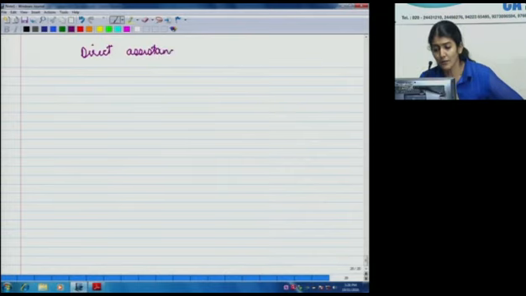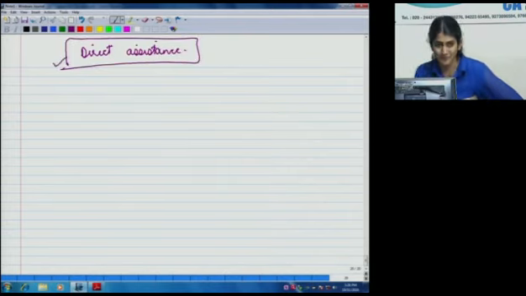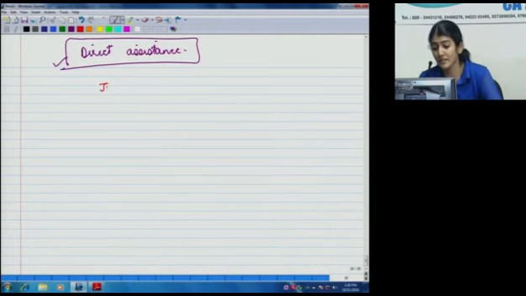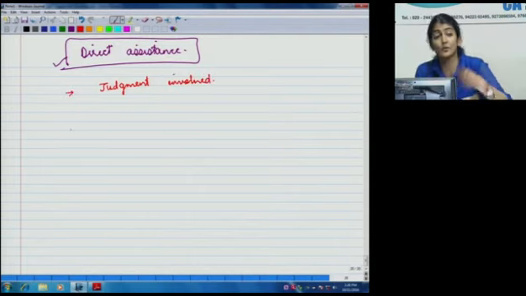So first, what you will have to decide is whether to take direct assistance. That depends upon, one, the judgment involved. You have to take a judgment, auditor, whether to do the work on your own or whether to take direct assistance.